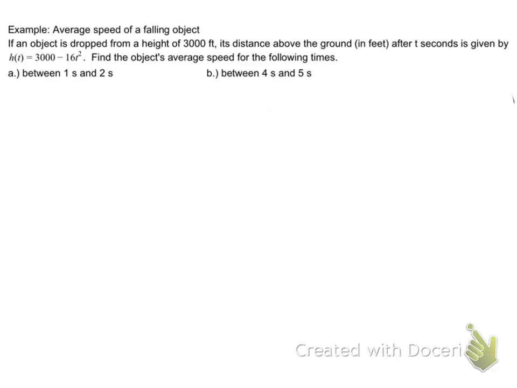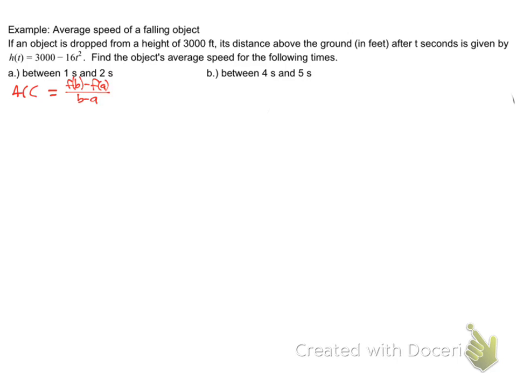So again, average rate of change. So we got f of b minus f of a all over b minus a. I'm going to write down the formula again because I'm going to use it again on a new page.